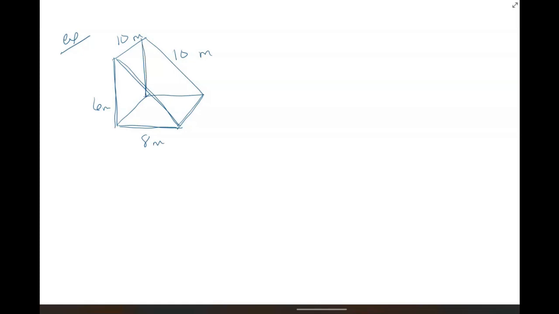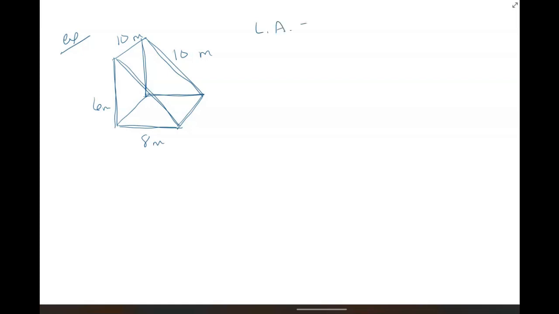Particularly for a prism, we can identify this when we see the same shape on both ends. When you see the same shape on both ends, you can identify that as a base. So this is a triangular prism, but it doesn't matter, we can use the same formulas.